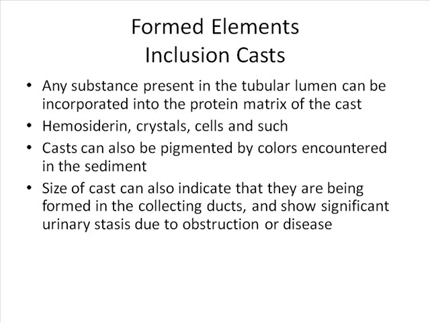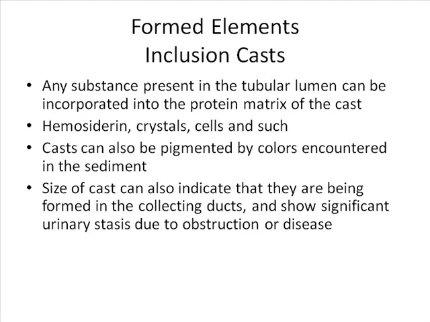Now, an inclusion cast can be anything that is stuck on the cast. You can see some that even are crystals, such as calcium oxalate, stuck on the cast. Most of these are not significant unless you see a whole lot of them, and it can be an indication that the urinary system has slowed down.